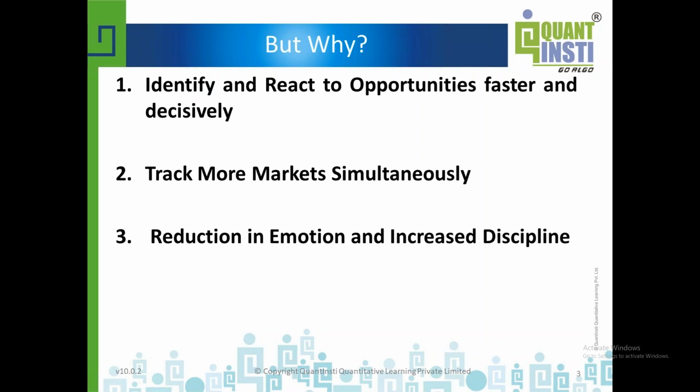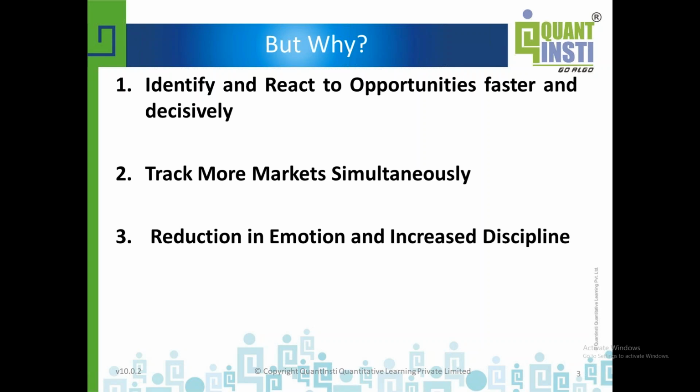So they can identify and react to opportunities very fast if you have an automated system. And if you are the first one to react, then obviously it will increase your profits. In fact, people these days are writing code to save 2 microseconds, 3 microseconds, so that they are faster than the rest of the world.